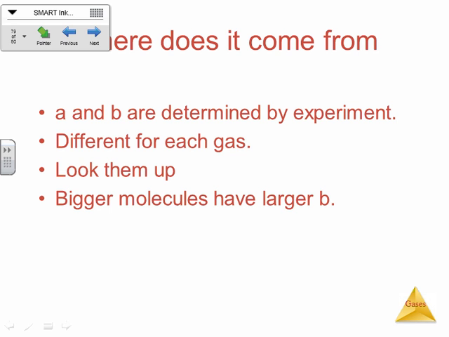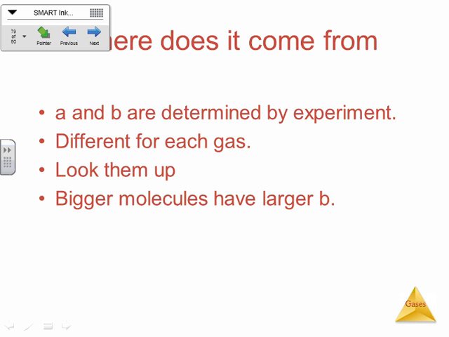The a and b values, it says look them up, but on the AP test you wouldn't look them up; they would give you the value. And same with any test that I give you. I'm not going to give you a question on real gases where you actually have to do a calculation. The kinds of questions I would give you would just ask which one of these is less ideal, or which one of these situations would make a gas be less ideal.